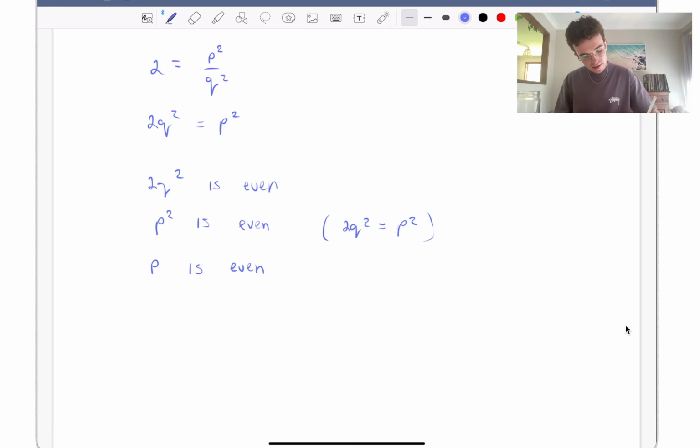Therefore, if p is even, then let p equal 2k, because p is even, for some integer k.